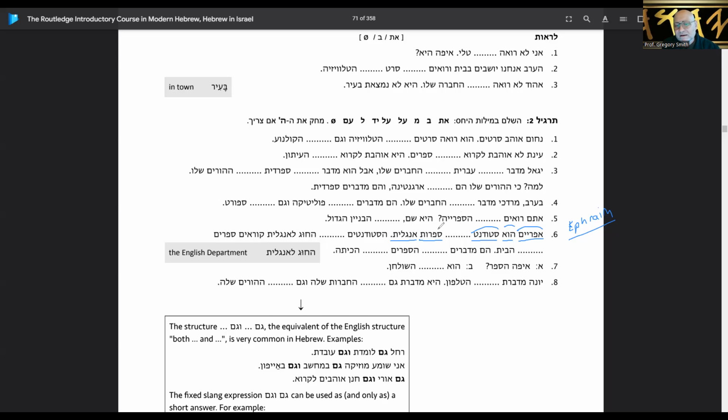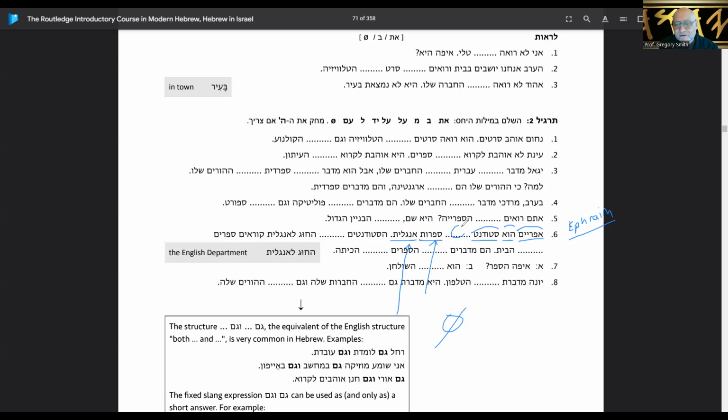So which of these would go in there? He's a student of English literature, Sefrot Anglit. And remember, I think that studies, like subjects, were non-specific, if I remember correctly.